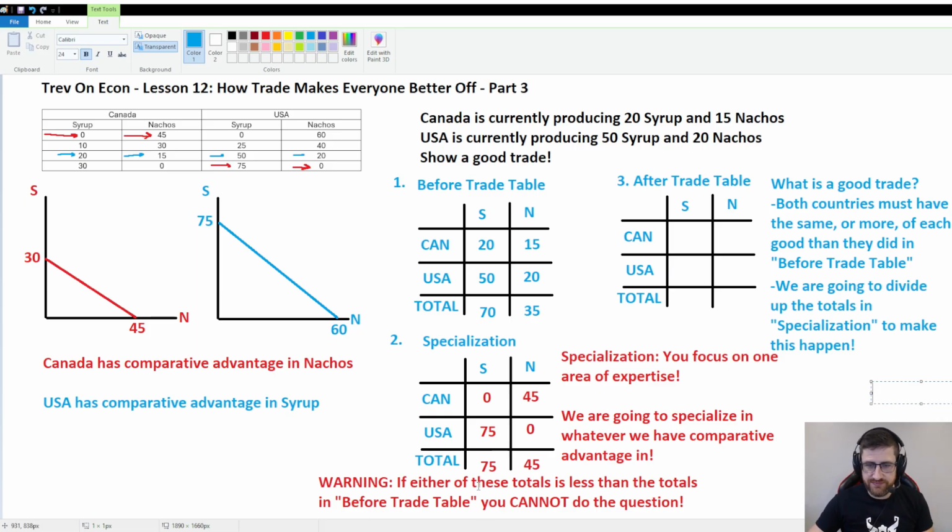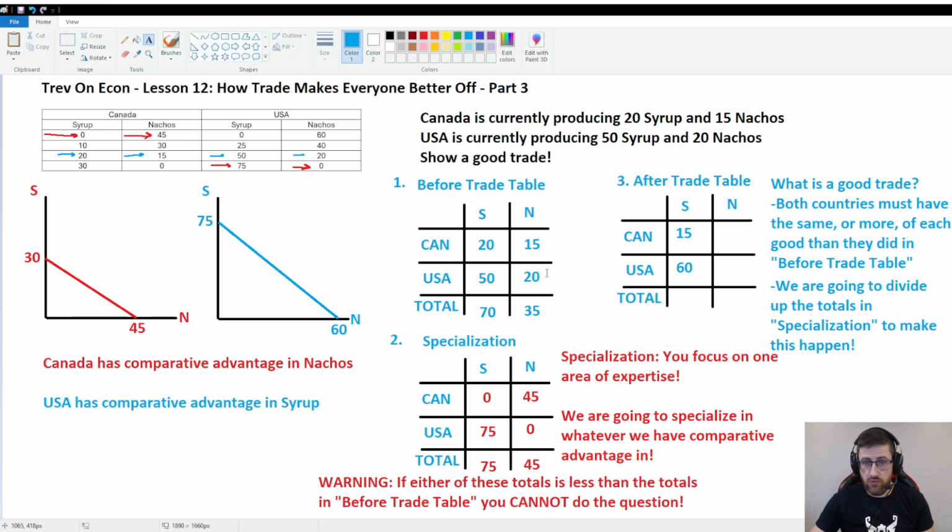Let's say I give 60 to the US and 15 to Canada. That's all 75, we've split up the 75. Then we check. Well, 60 is the same or better than 50, so that's a thumbs up. 15 is less than 20. This is not going to work, so this is an incorrect answer.